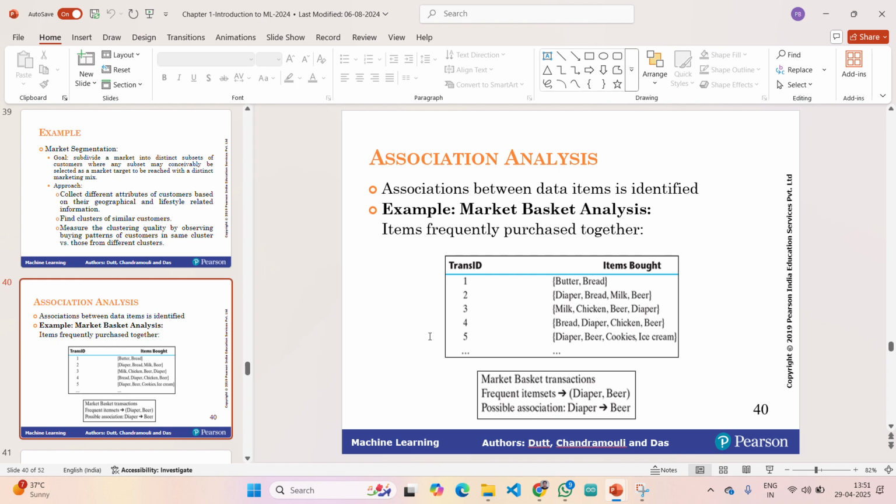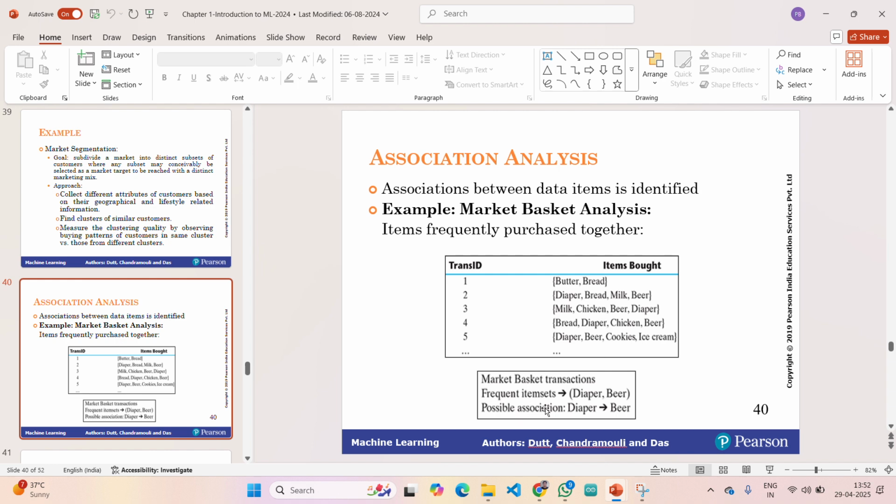Now coming to this association analysis, it will try to associate the data items. If you observe carefully, frequent item sets you can see, right? What are those? Diaper and the other frequent things.